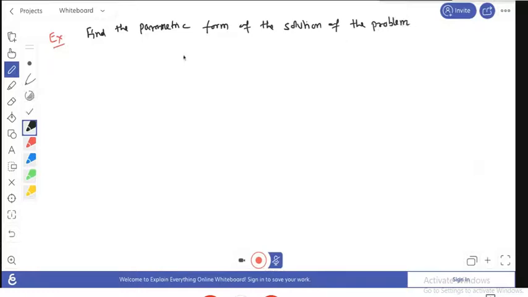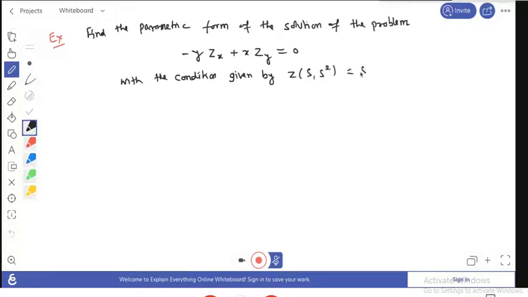Our problem is minus y ∂z/∂x plus x ∂z/∂y equals 0, with the initial condition given by x = s, y = s squared, z = s cubed, where s is greater than 0. So this is your initial condition.